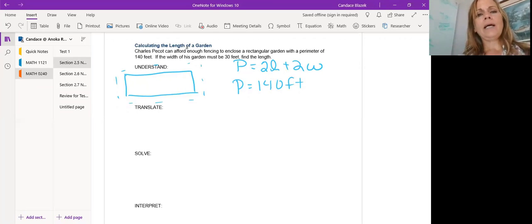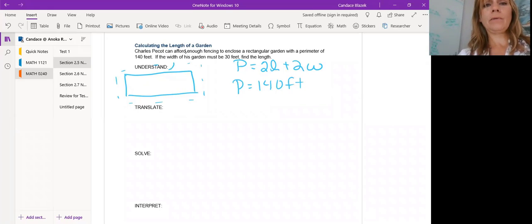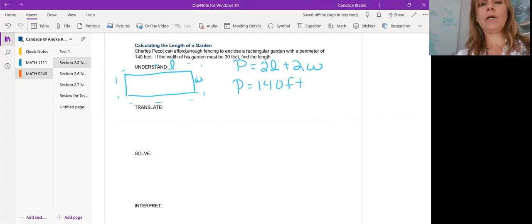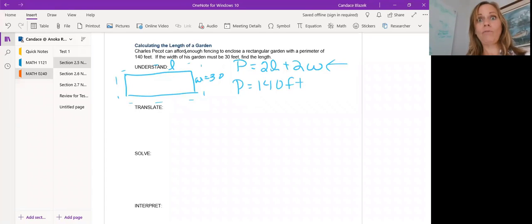Now the last sentence says, if the width of his garden must be 30 feet, find the length. So here's the length, and we know the width of the garden has to be 30 feet. So I have enough information to replace the variables in my formula to solve.